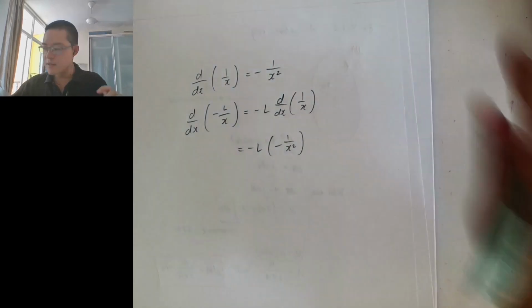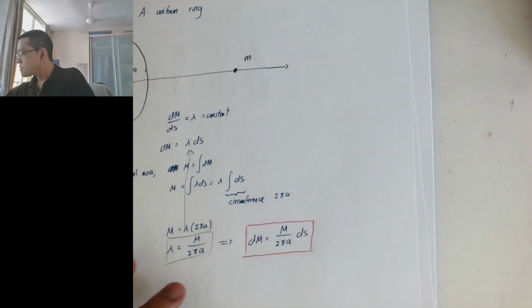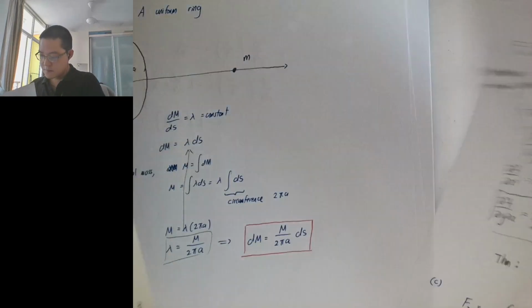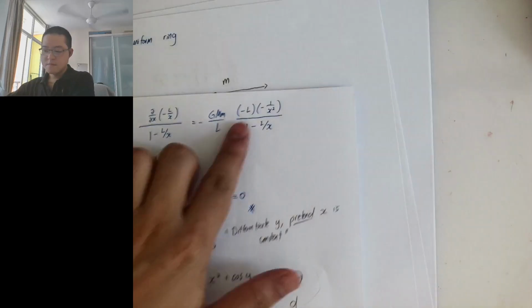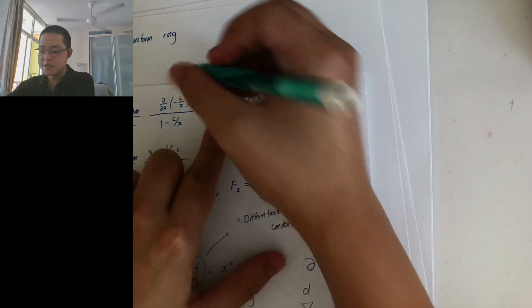And then there is another one still in front. This 2 negative will become positive. This one is from the definition of potential energy.